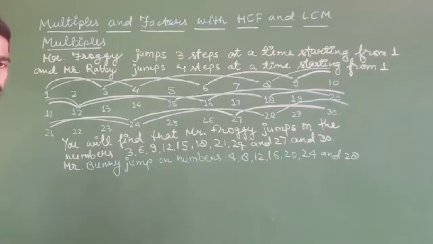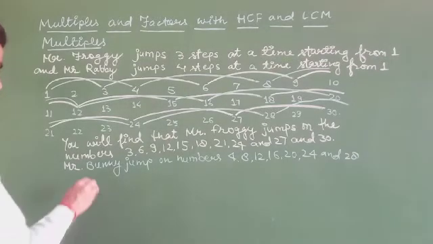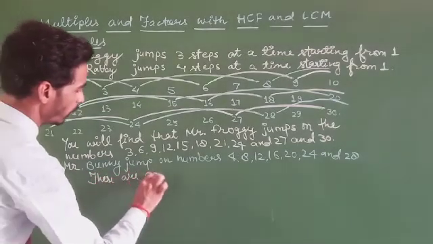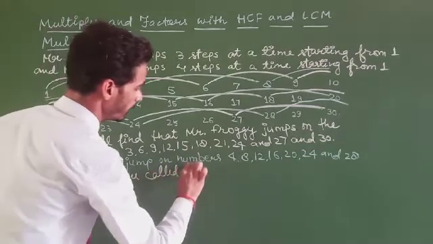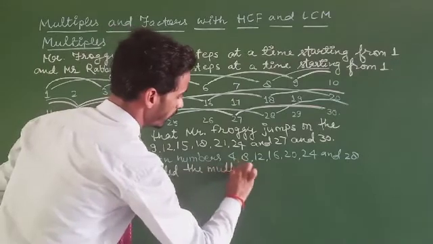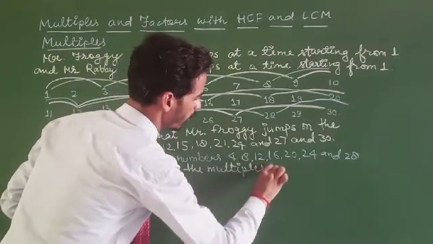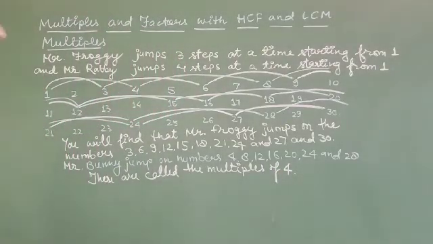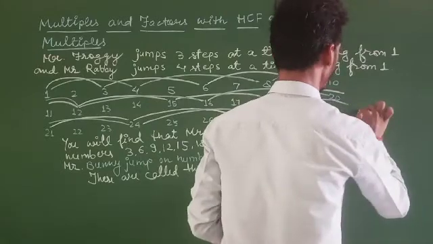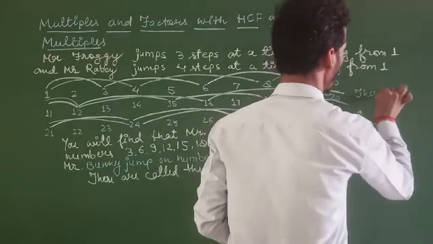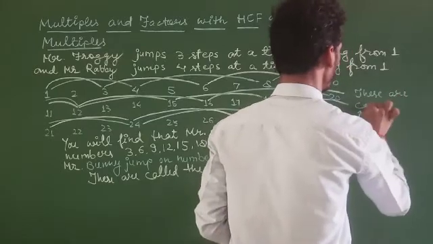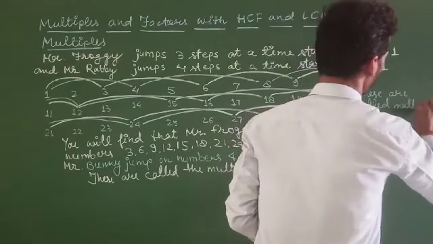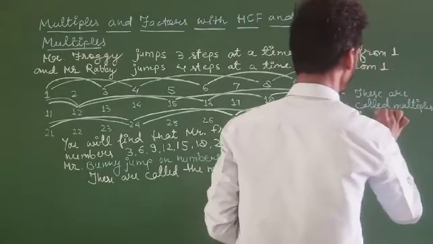Okay, so we can say that these are called the multiples of 4, and these numbers are called multiples of 3.